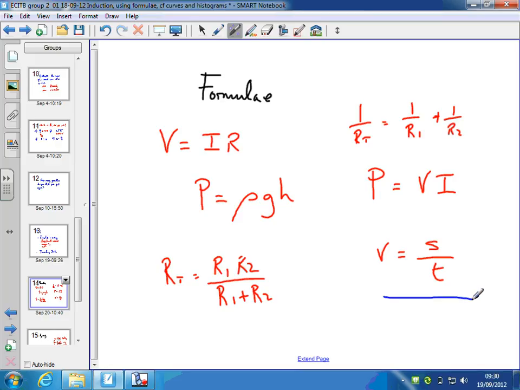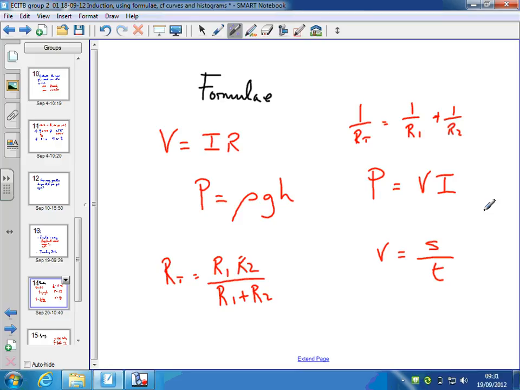Any other formula that anyone recognises? Well, this one. What's that again? Ohm's law. Any others? That one? Power, right. Power equals V times I, current.